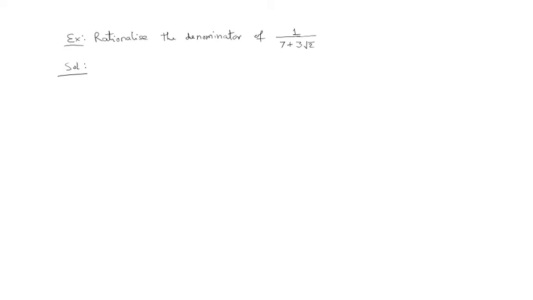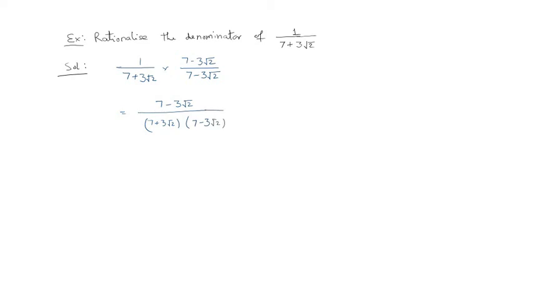So we will get 1 upon 7 plus 3 square root of 2 times 7 minus 3 square root of 2 upon 7 minus 3 square root of 2. So we will get 7 minus 3 square root of 2 upon 7 plus 3 square root of 2 times 7 minus 3 square root of 2.